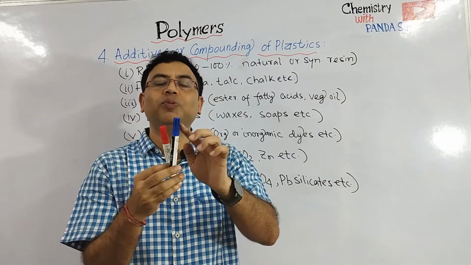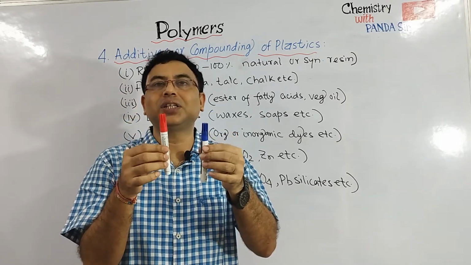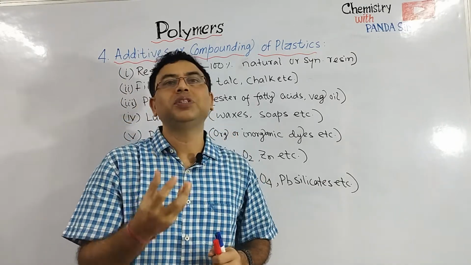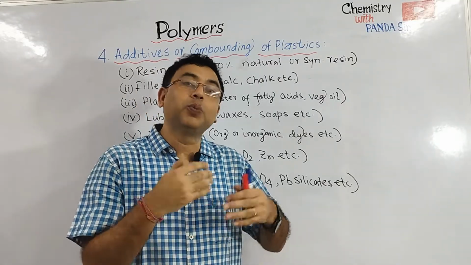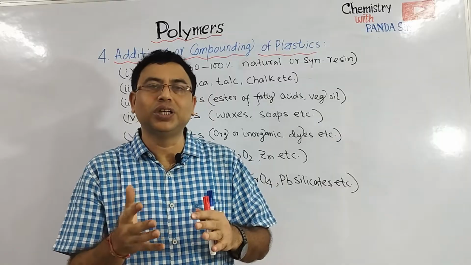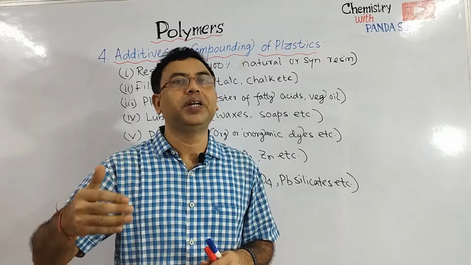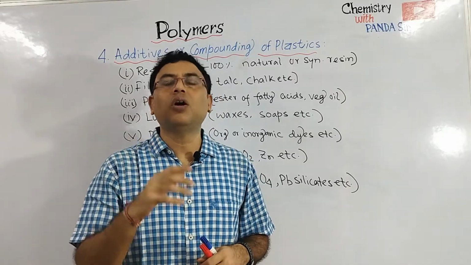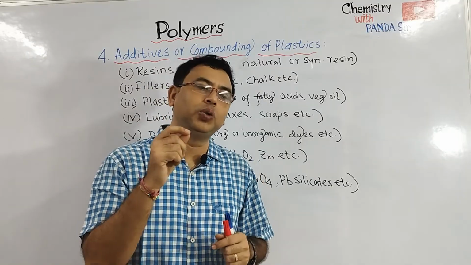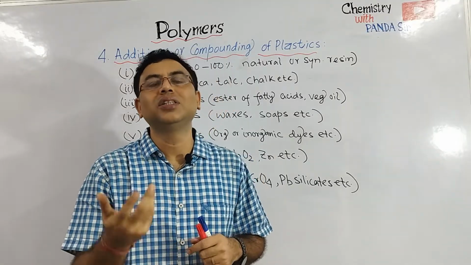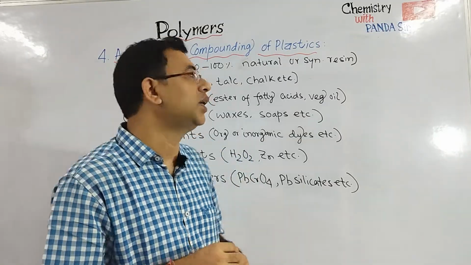This one has a beautiful blue color with a very glossy finish. So these are plastic materials. But polymers basically come as granules, just like sabudana. We have to process it. Now while processing, we need to add some things in order to get better properties. So let us talk about what additives we need to use while synthesizing or preparing the plastic to get the desirable properties.